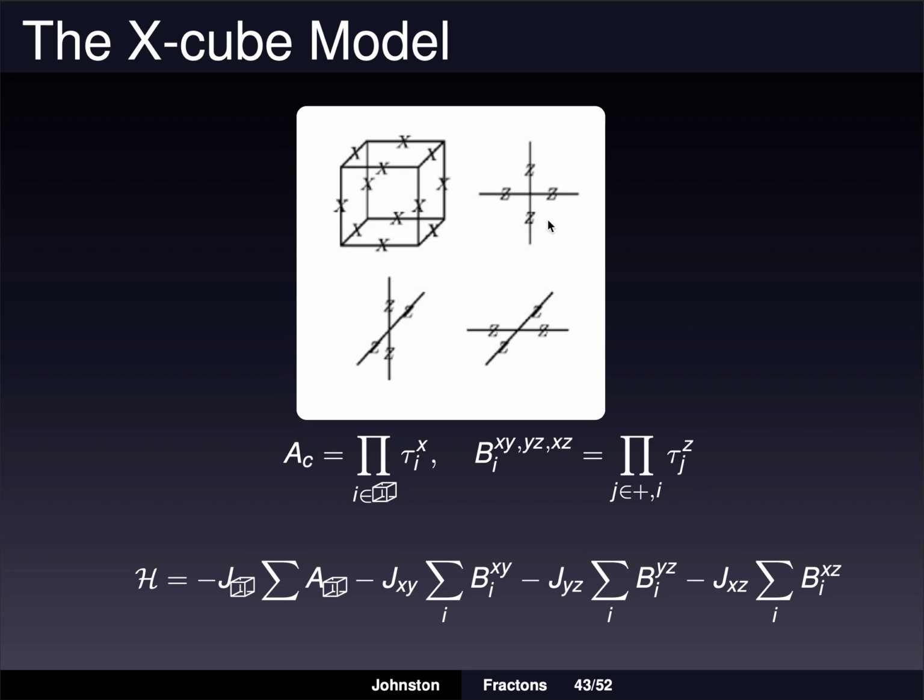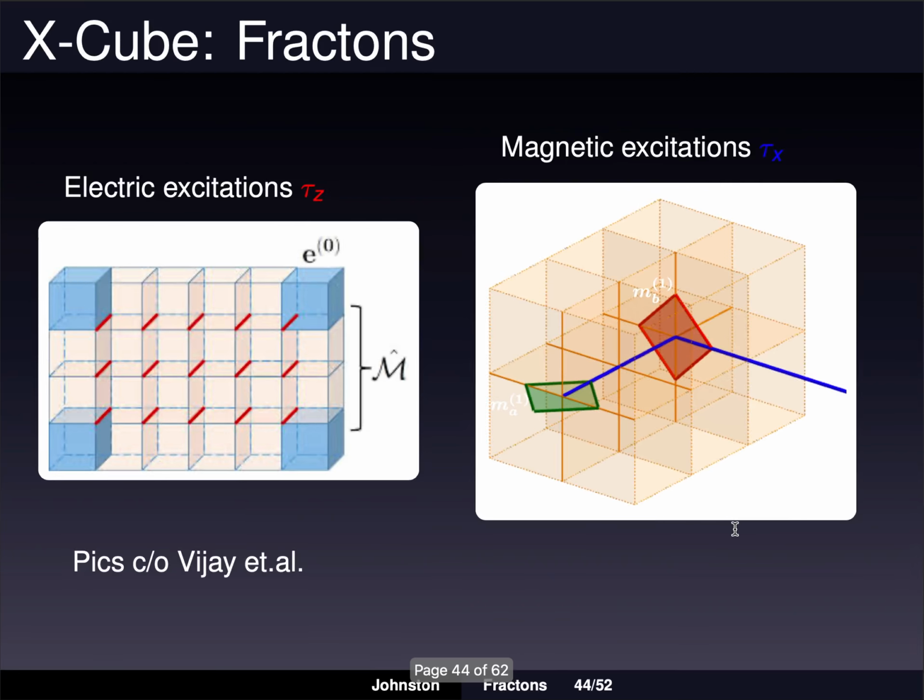So one of these is in, say, the XY plane, one of them is in the YZ plane, and the other one is in the remaining plane. So the B's are the cross operators in the different planes. The A is the cube operator. And the resulting quantum Hamiltonian is given here.